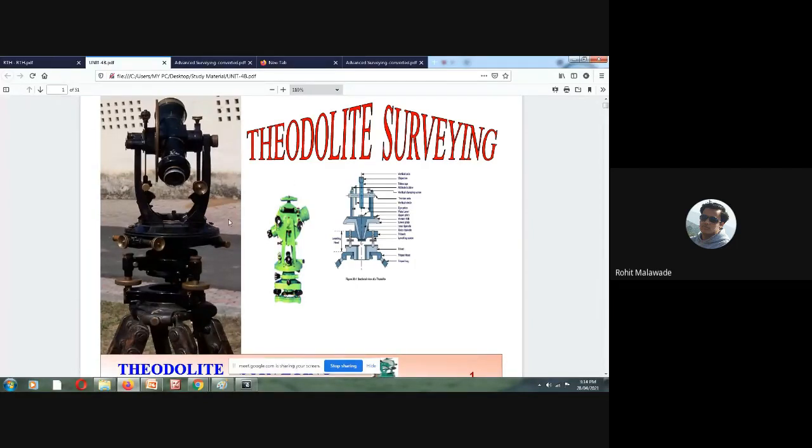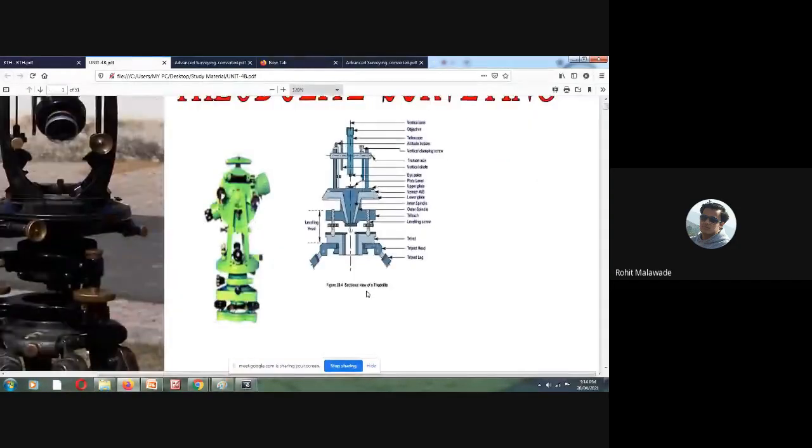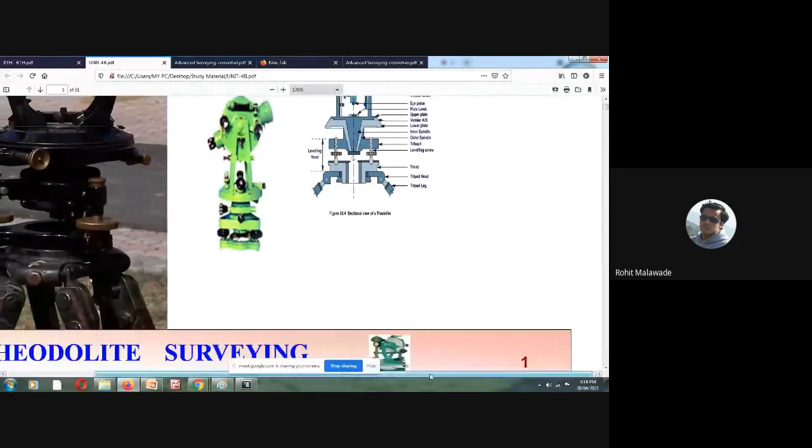The physical feel of this instrument is very important, so we will continue that whenever our offline classes happen. I will bring this instrument personally to your class and tell you about the different things in it. But as of now, you can see this instrument. Now we will see one by one the different parts in it.